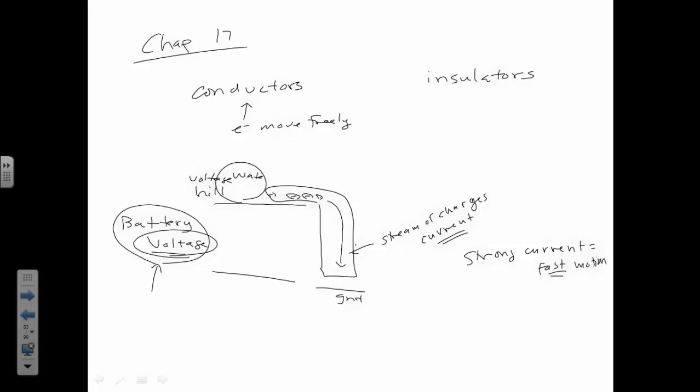Or we could, I suppose, do the opposite and go down to the bottom and let positive charges out of our hand. And instead of flying down, they'd just fly upward instead, right? I like to think about negative charges, though, all right? So our battery basically establishes a voltage, which is an electric field, all right? And the higher that hill, the taller that electric field, the stronger the electric field.